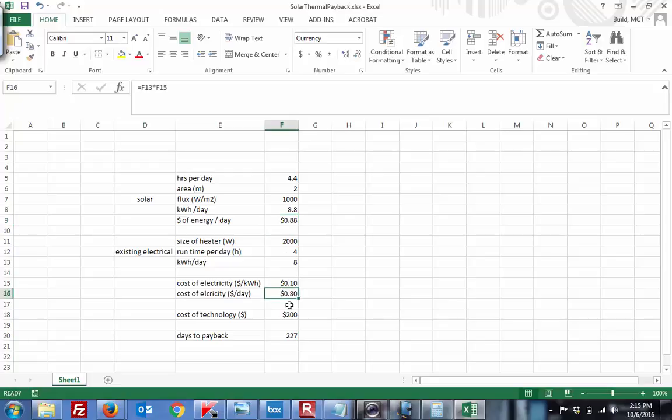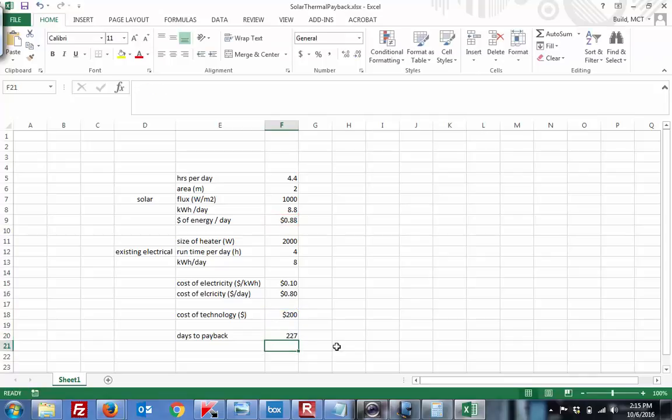So that's how much thermal energy you're making in the equivalent of electrical kilowatt hours. So if we say we spend $200 on the technology, that means the simple days to payback is just the overall cost divided by what you save per day, and that gives you the days.